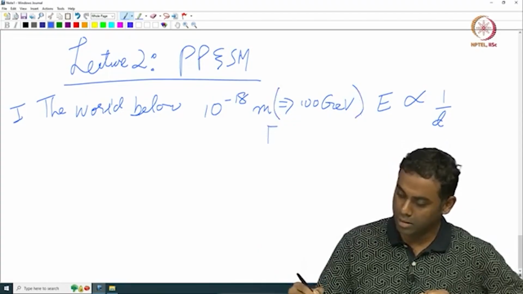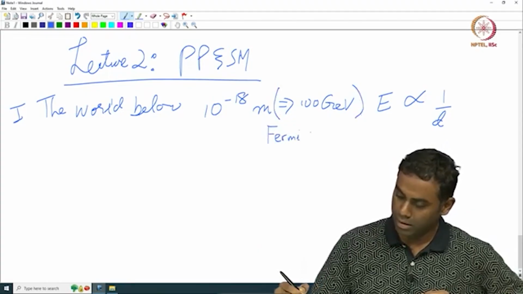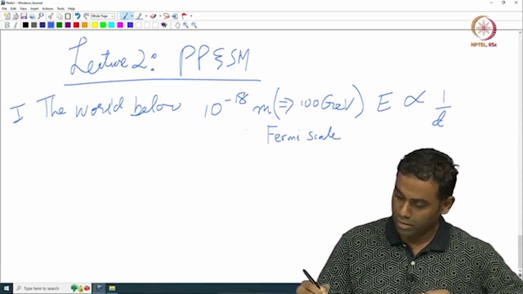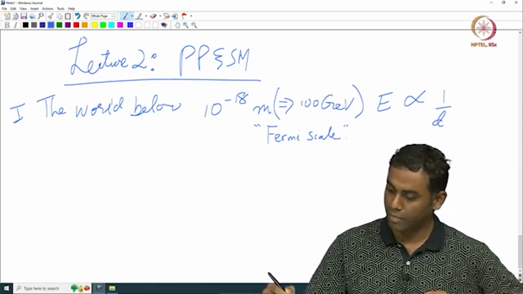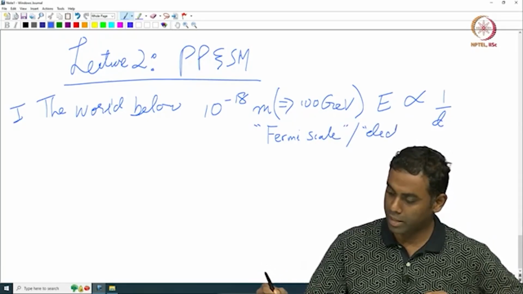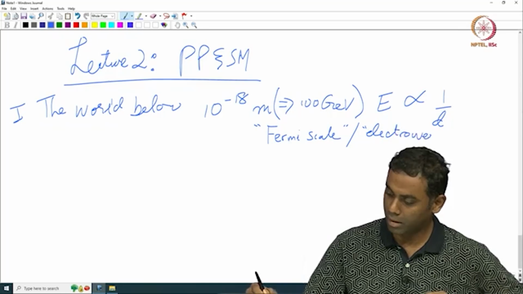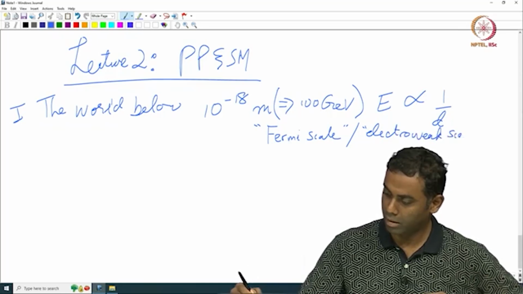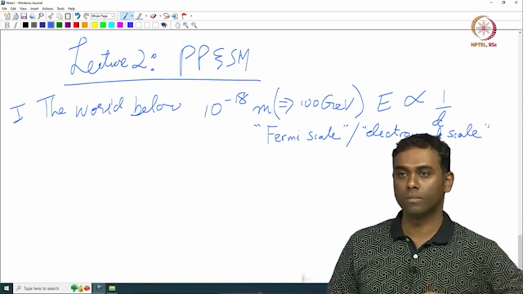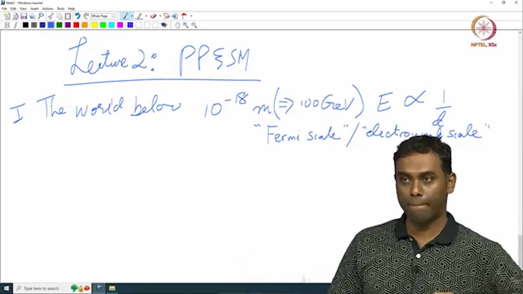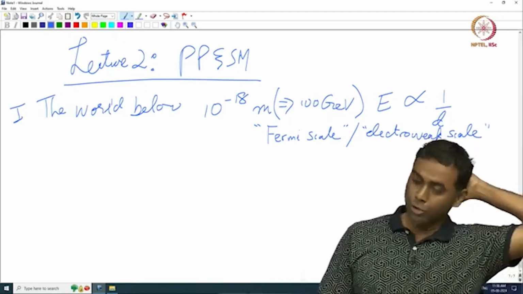This is the Fermi scale or the electroweak scale, okay. So, what is going on at this scale?